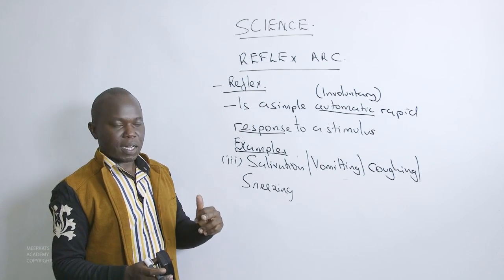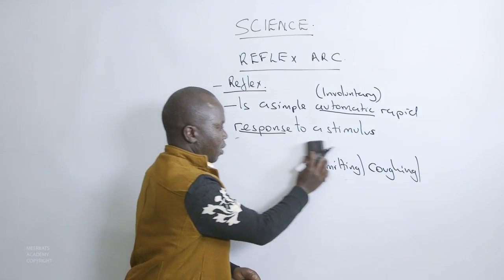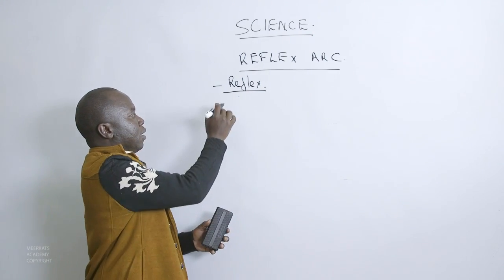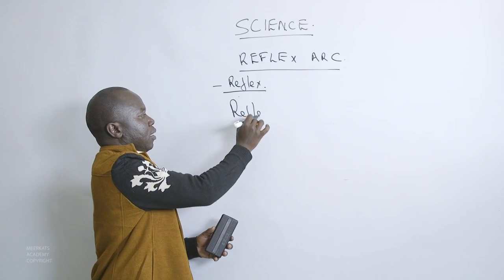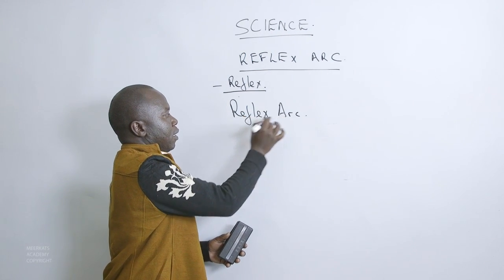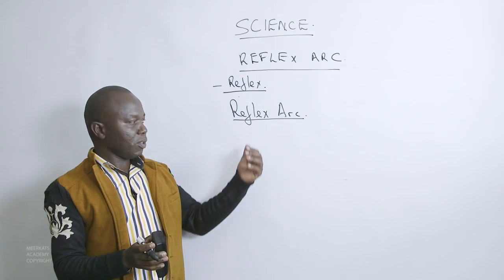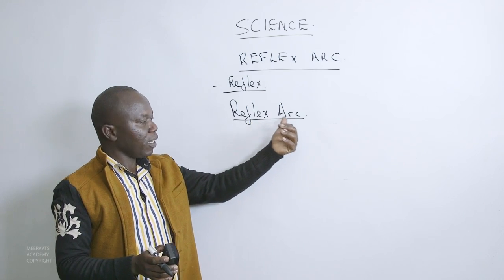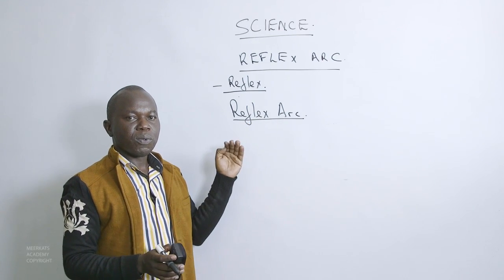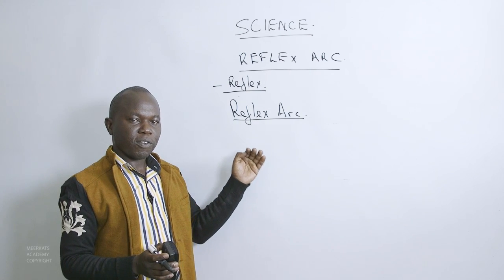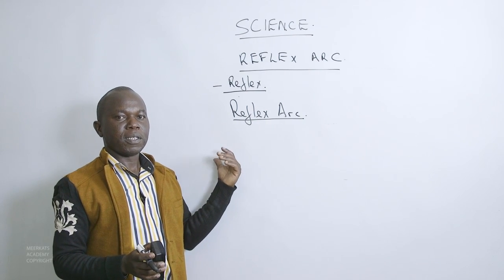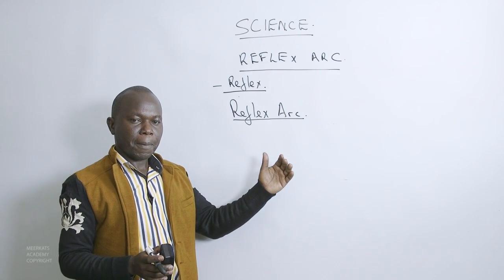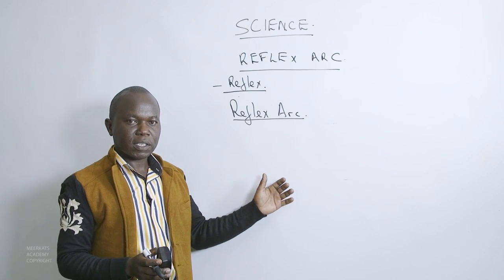But now, a reflex arc. So it is important that we know what the meaning of reflex. Then we go to reflex arc. So a reflex arc is that pathway through which nerve impulses flow from the receptors through the 3 neurons, as we have mentioned, then back to effectors.